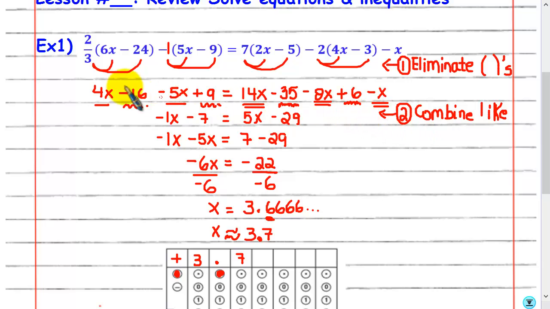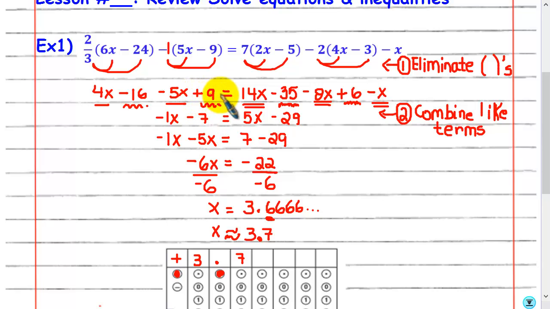So for example, 4x is like 5x because they both have x's, and then 16 and 9 are like terms because they don't have x's. And please remember, you can only combine if they're on the same side of the equation. If you notice right here, I combine 4x with 5x because they're on the same side of the equation. I combine 16 and 9 because they're on the same side of the equation.